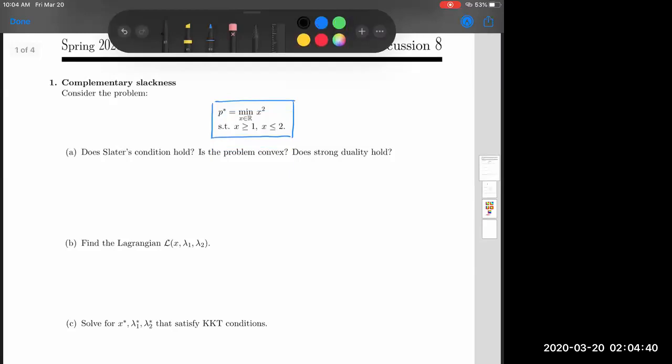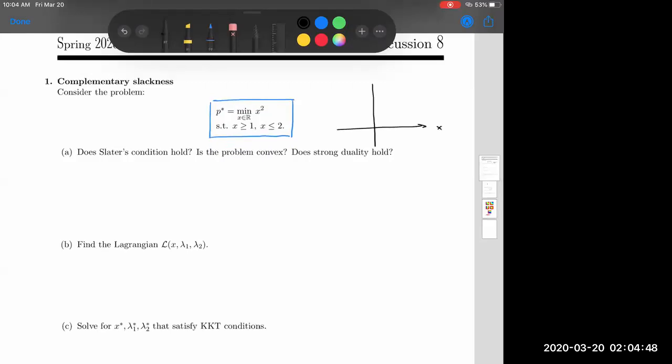So here we want to minimize x squared given that x should be between 1 and 2.